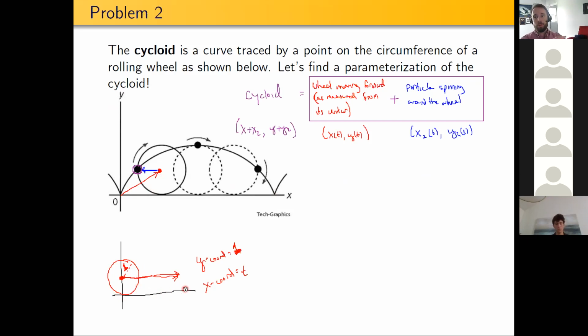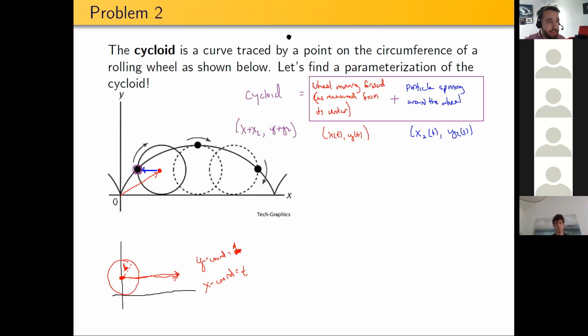I will have gone forward a distance equal to that total circumference of the wheel. So every single point on the wheel touched the ground once. We've rotated around and we're back at this new point 2 pi units in the future. So our y-coordinate in this case would just be 1. Our x-coordinate will just be given by the parameter t. So at time t equals 2 pi, I will have gone forward 2 pi units in time.